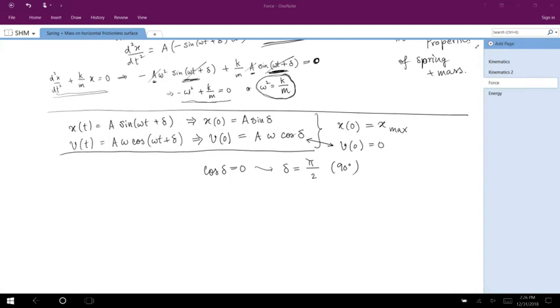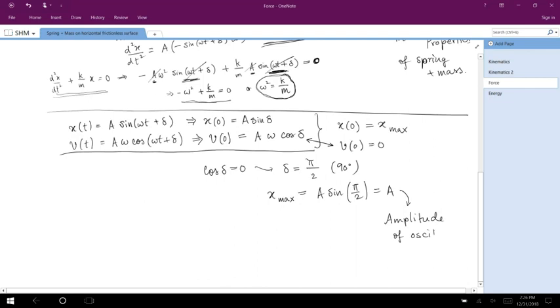So if I put this value of delta back into that equation, we find that x max is equal to A times sine of delta, but delta is pi over 2, so that's sine of pi over 2, which gives us A. So we find that A is nothing but x max, or in other words, this is the amplitude of oscillations.